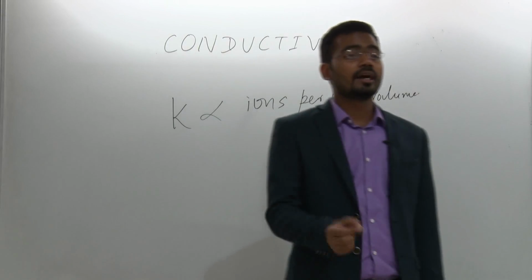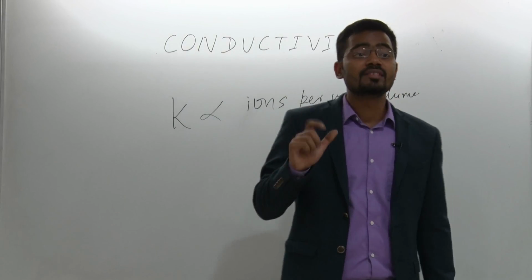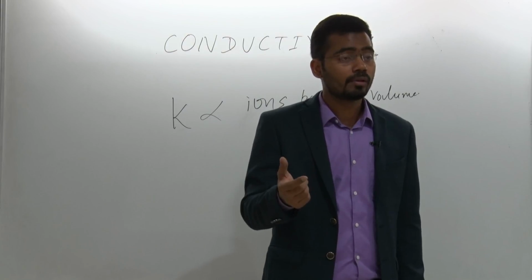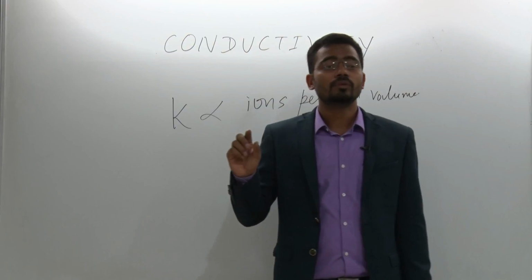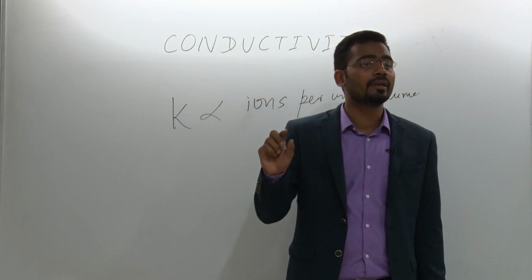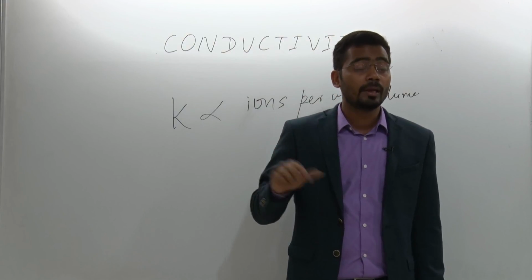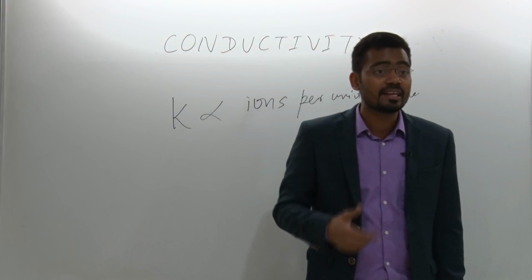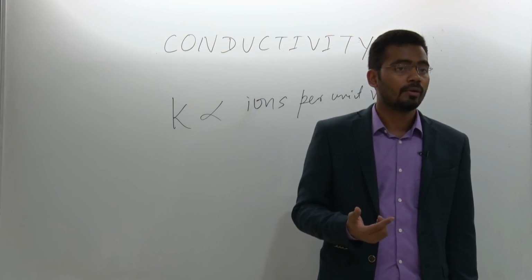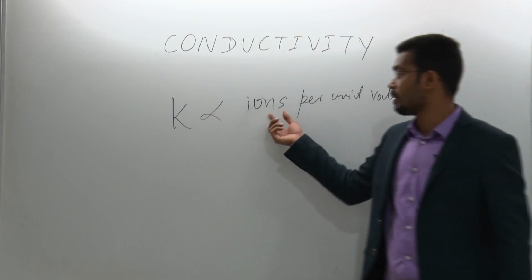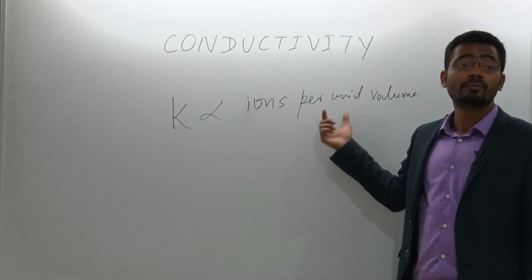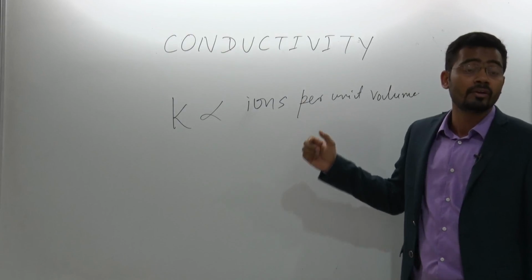K is the conductivity of 1 centimeter cube. A specific conductivity is the conductivity of 1 centimeter cube of solution. If the number of ions increases per centimeter cube, conductivity will increase. Therefore, conductivity is directly proportional to ions per unit volume, not only ions.